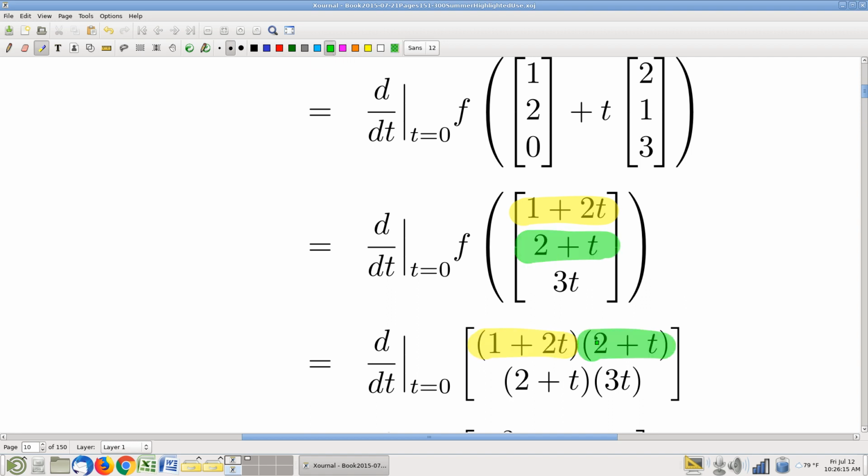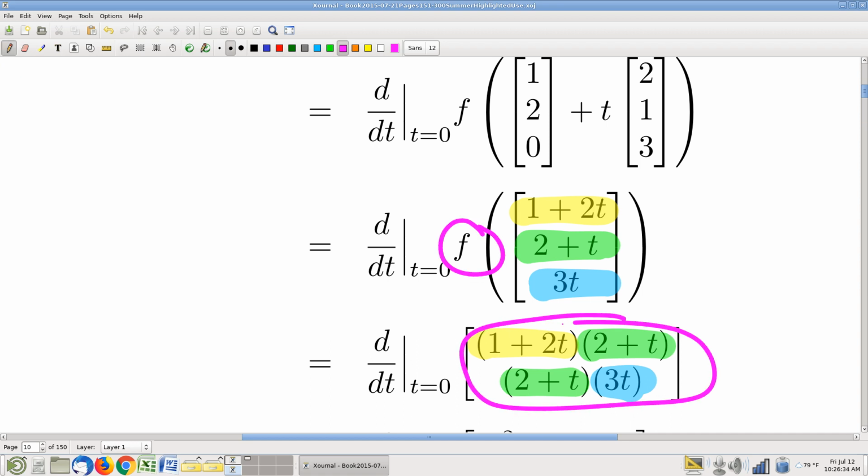So there's my first coordinate of my output, x, y, and now continuing, y, z. All I've done is compute f. Point being that f is xy, yz. Hope everybody's on board and happy with that.